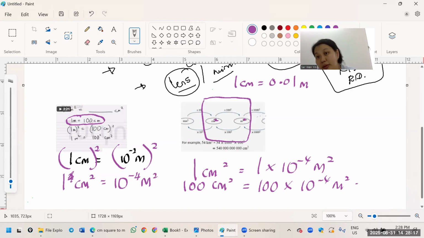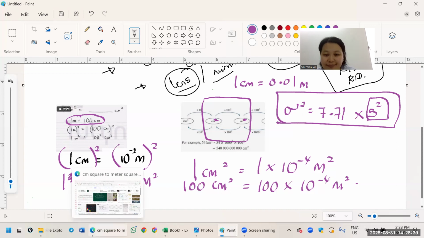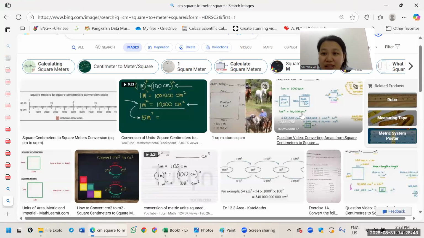Like new variance, let's say variance 7.71, so new variance times 3, 3 also square. It's maths. I scored 8 for maths, a long time never use already.